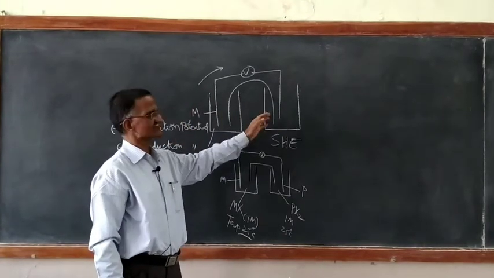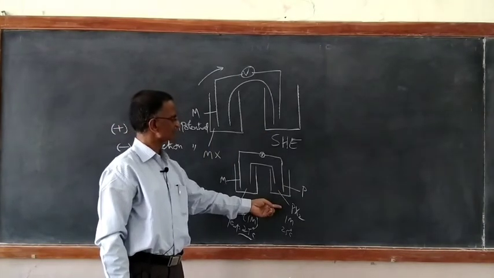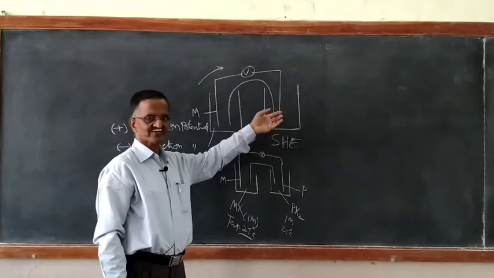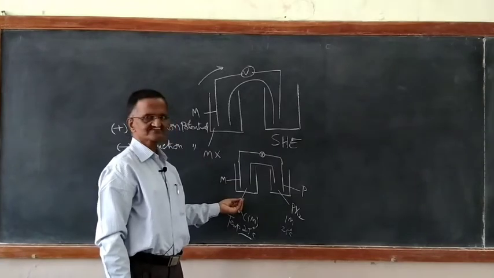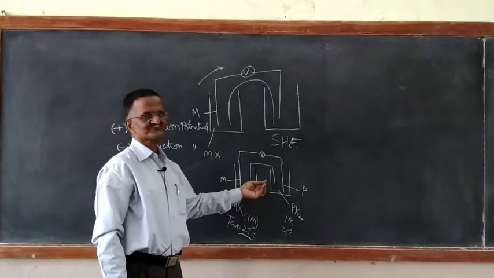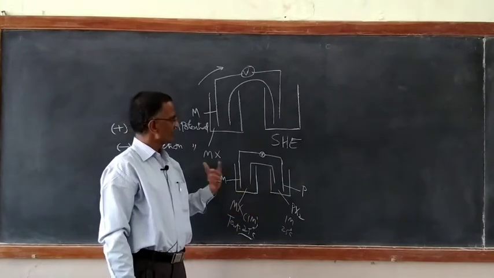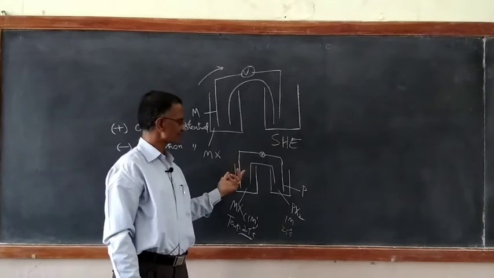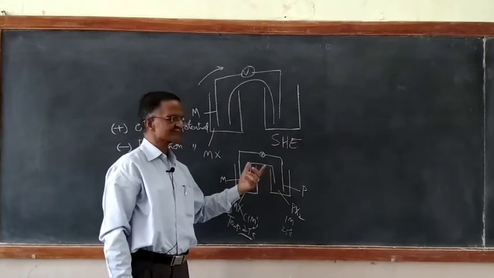Same way for P dipped in its salt solution connected to the standard hydrogen electrode. When I have those two values, I can tell how much voltage I am going to derive from this electrochemical cell. But how to find out the difference between the two electrode potentials?